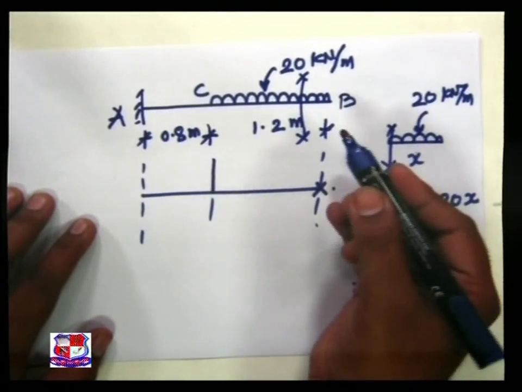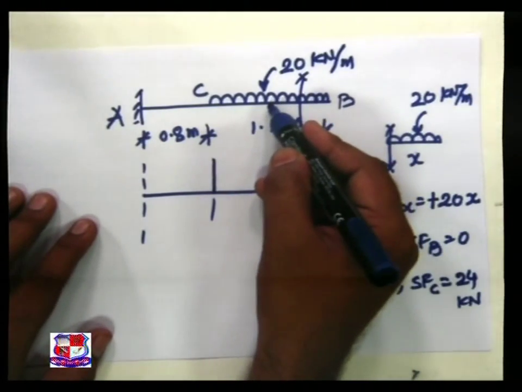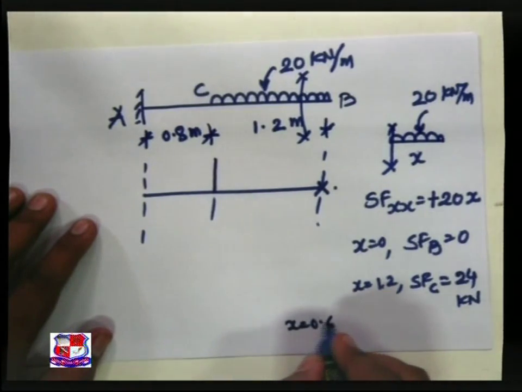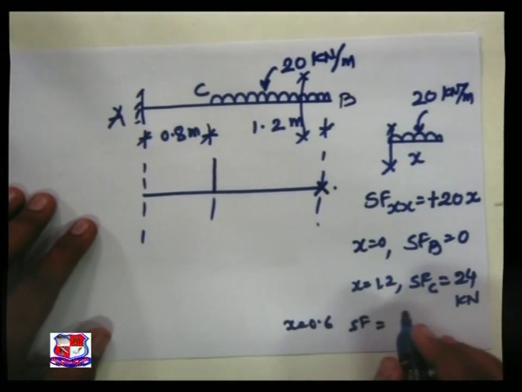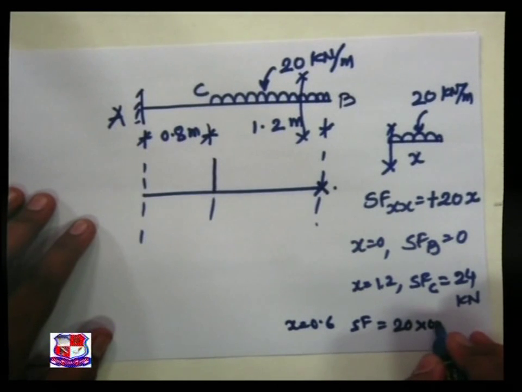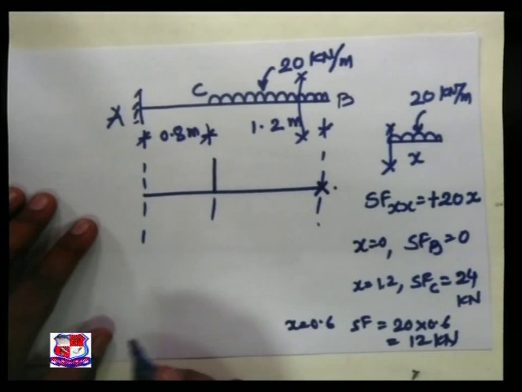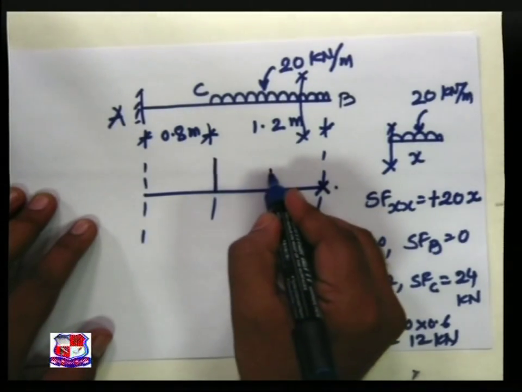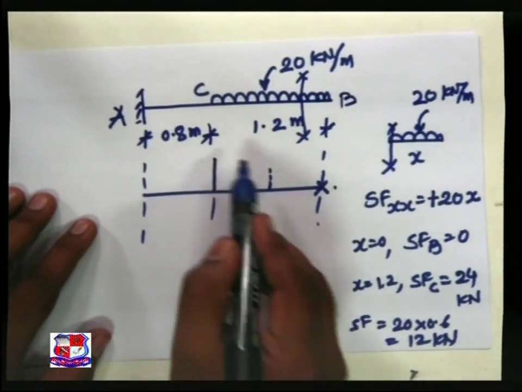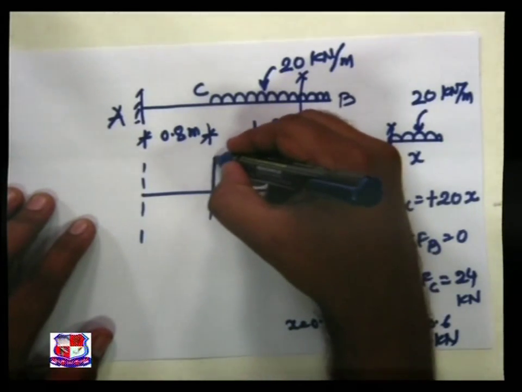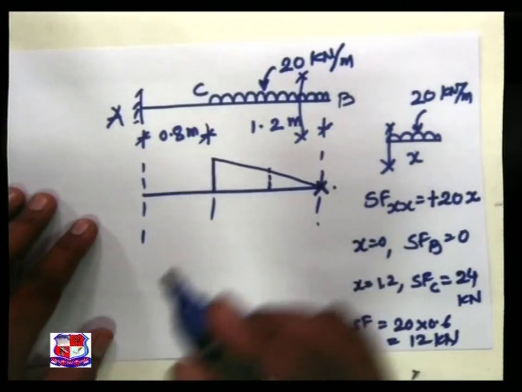If you want to be more precise, you can take the intermediate point of 0.6 meter, x is equal to 0.6, SF is equal to 20 into 0.6 is equal to 12 kilonewton, and joining these 3 points we get an inclined straight line.